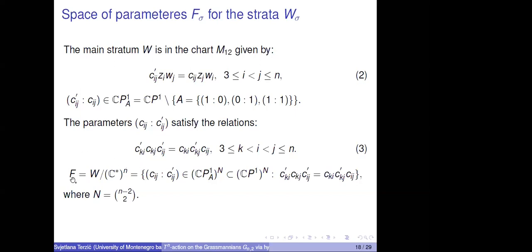And so the space of parameters of the main stratum, as we defined it, is the orbit space of the main stratum by (C^*)^n, and we get that it is actually an open algebraic manifold, which sits in CP^1 to the power n, where n is (n-2) over 2. So this is how the space of parameters of the main stratum can be described in a chart. Of course, it does not depend on the chart because of the action of the symmetric group.